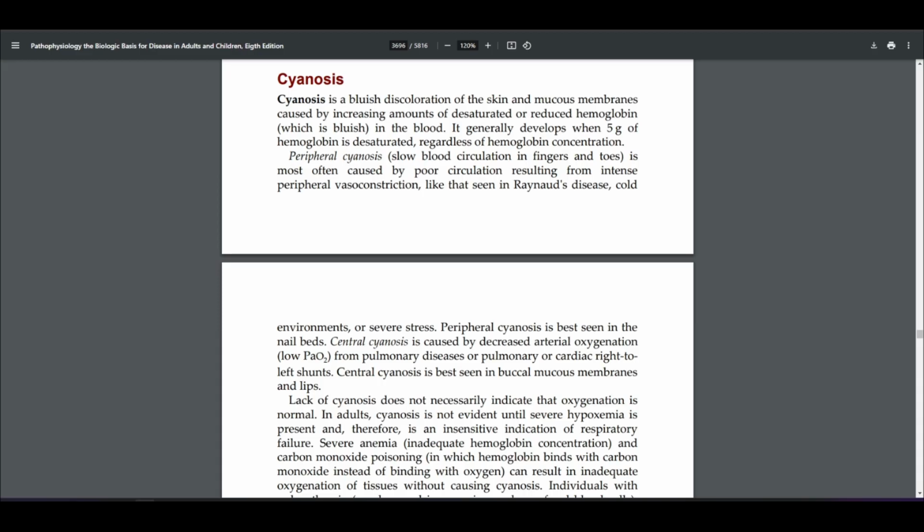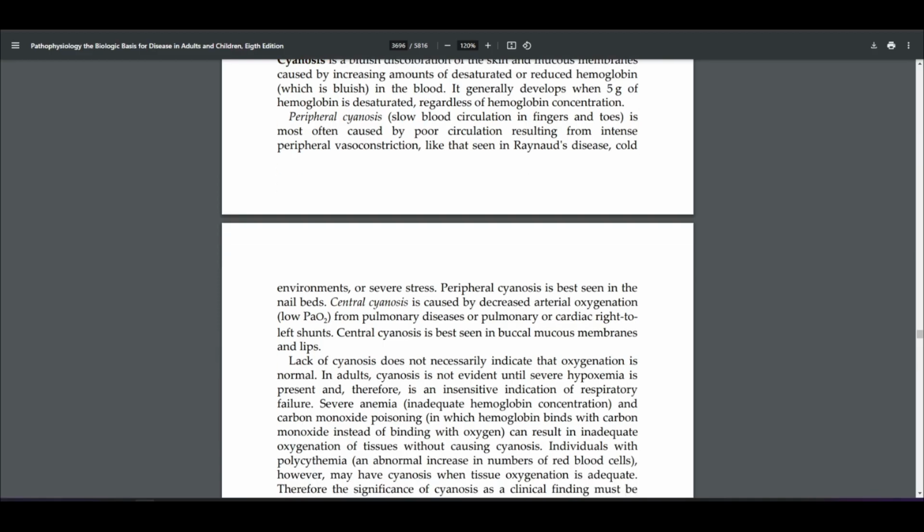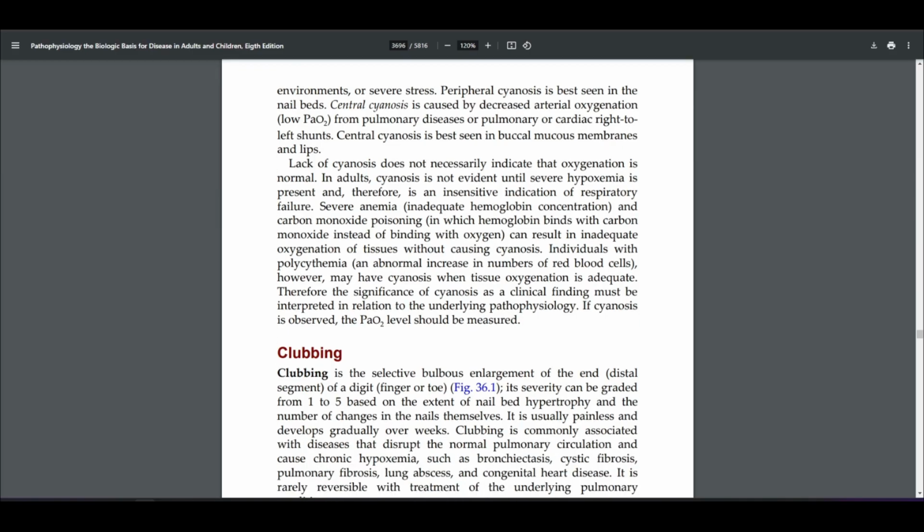Peripheral cyanosis, with slow blood circulation in the fingers and toes, is most often caused by poor circulation resulting from intense peripheral vasoconstriction, like that seen in Raynaud's disease, cold environments, or severe stress. Peripheral cyanosis is best seen in the nail beds. Central cyanosis is caused by decreased arterial oxygenation from pulmonary disease or pulmonary or cardiac right-to-left shunts. Central cyanosis is best seen in buccal mucous membranes and lips.